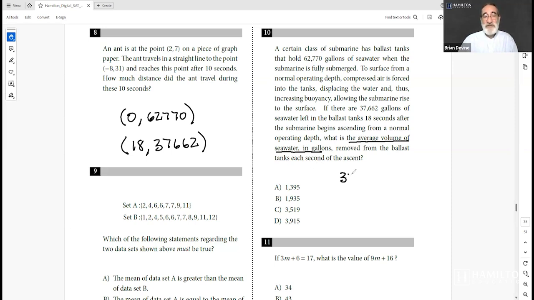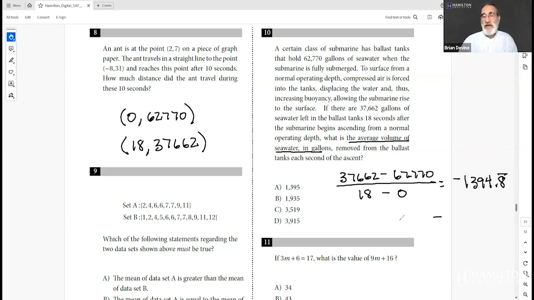So I have 37,662 minus 62,770, and that's going to be over respectively 18 minus 0. And if I go into a calculator, I find that's going to be negative 1,394.8 repeating, which I can round to the nearest integer.